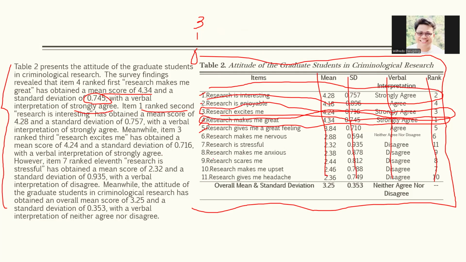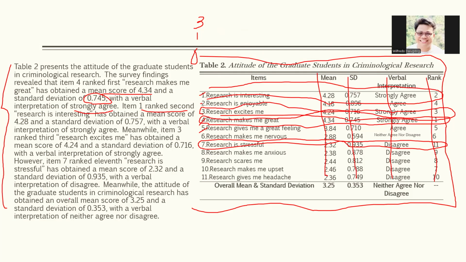However, item 7, this one, is the least in the rank, hence it is rank 11. Item 7, researchers school, has obtained a mean score of 2.32 and a standard deviation of 0.935 with a verbal interpretation of disagree.